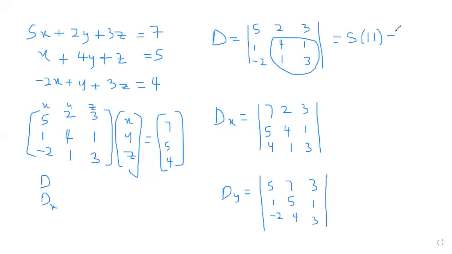Once we pick 2, the minor matrix is going to be 1 times 3, minus -2.